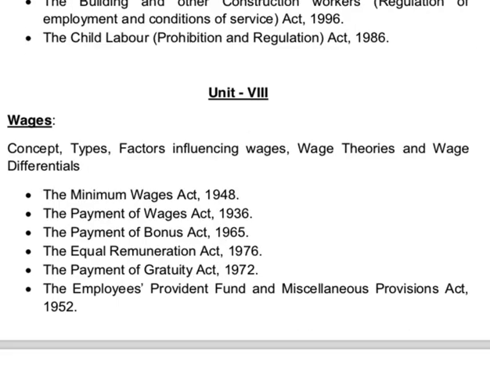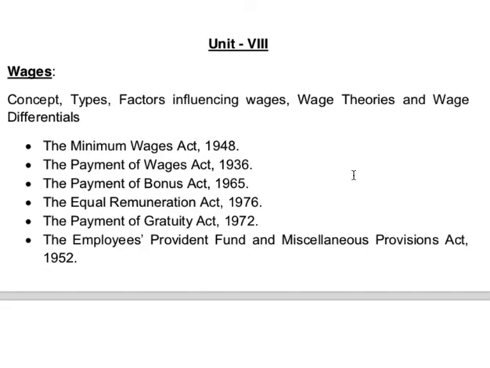The next unit is about wages. In this unit we have everything related to wage and salary: the Minimum Wages Act, Payment of Wages Act, Payment of Bonus Act, Equal Remuneration Act, Payment of Gratuity Act, Employee Provident Fund.